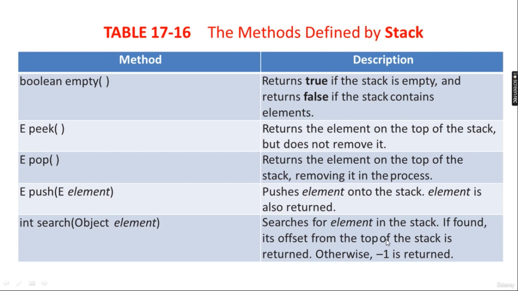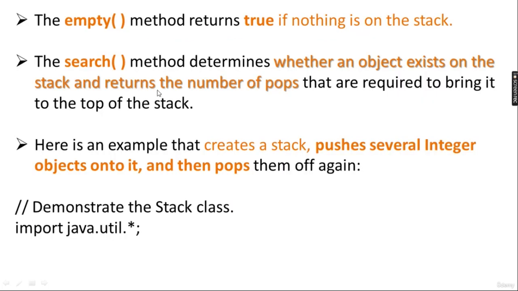If found, its offset from the top of the stack is returned, otherwise -1 is returned. Important thing to notice is its offset from the top of the stack is returned as the primitive type int. Okay, so you have to remember this. The empty method returns true if nothing is on the stack.